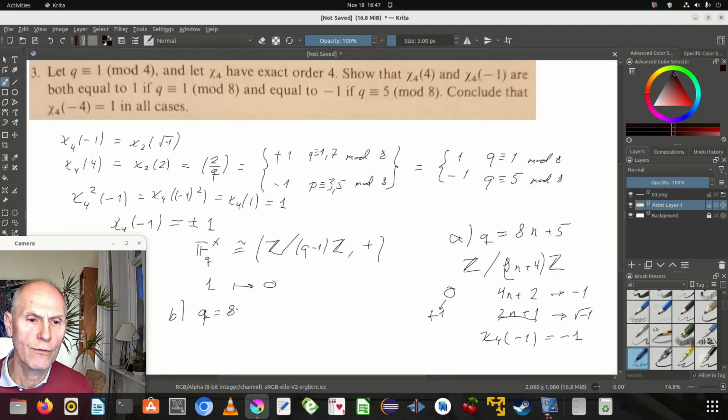Q equals 4n plus 1. So we operate with set modulo 8n.